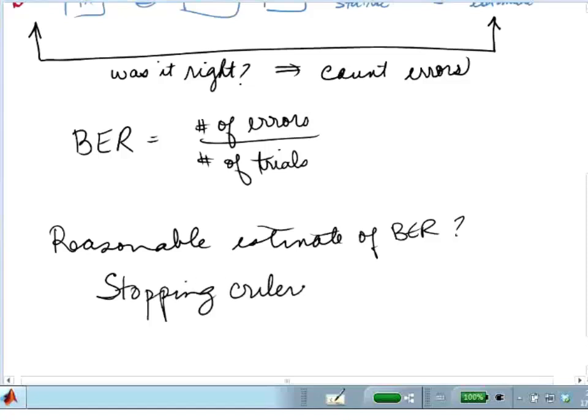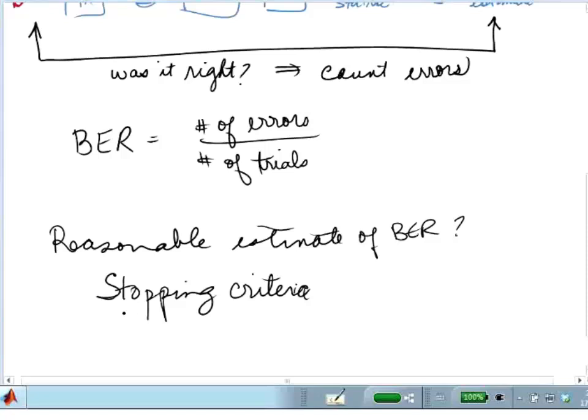Because if I had infinite simulation power and I just ran a bazillion trials and I got 1,000,000 errors, and I took 1,000,000 divided by a bazillion, and I'm not sure what that gives, but whatever it gives me is the bit error rate. Okay, I had 1,000,000 errors. I probably got a pretty good estimate. But what happens if I don't have infinite computing time and I want to know when to give up, or when is good enough?